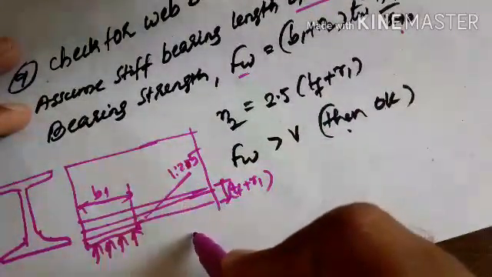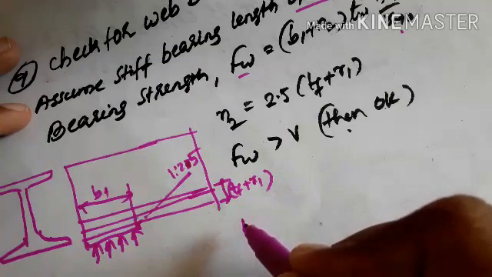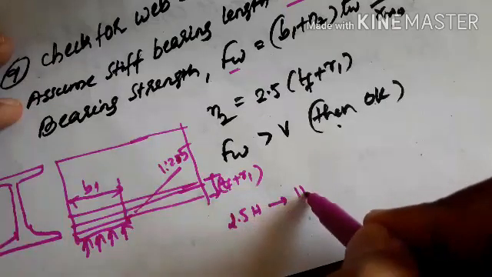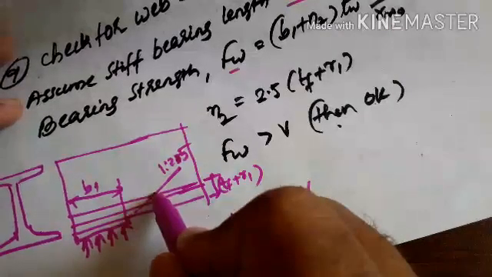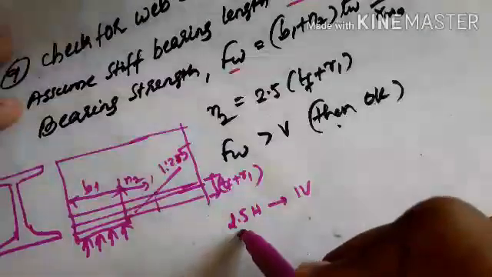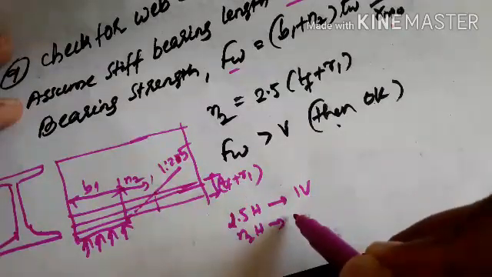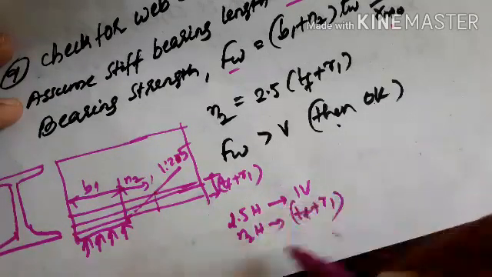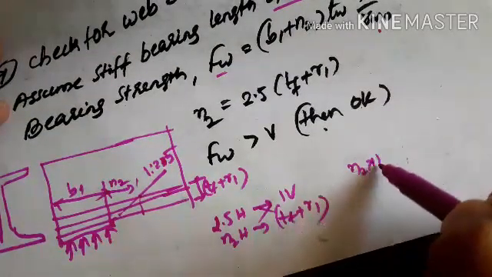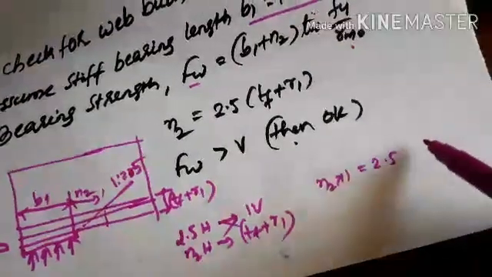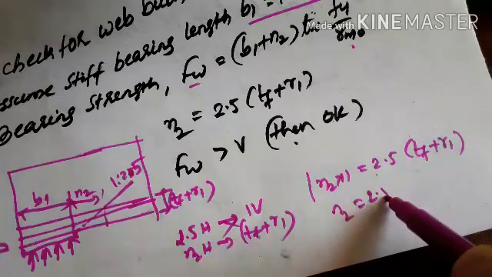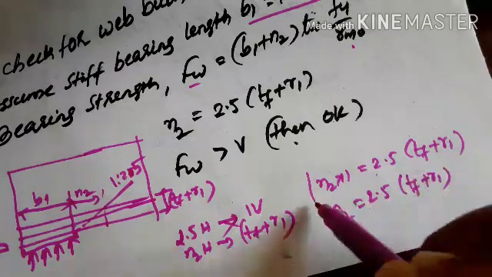Here the ratio is given as 2.5 horizontal to 1 vertical. If I take this as n2 horizontal, the vertical is tf plus r1. Cross multiplying, you get n2 into 1 equal to 2.5 into (tf plus r1), so n2 will be 2.5 (tf plus r1).